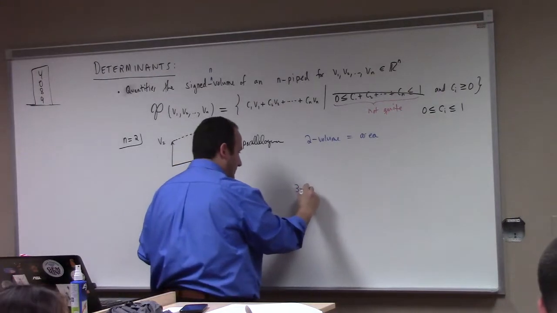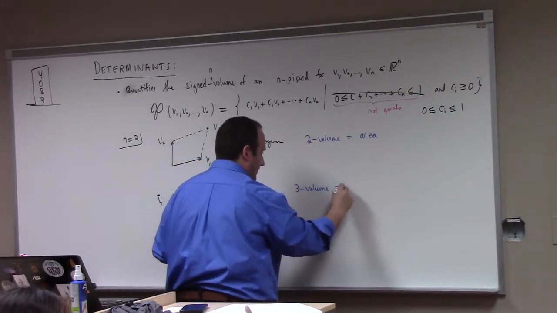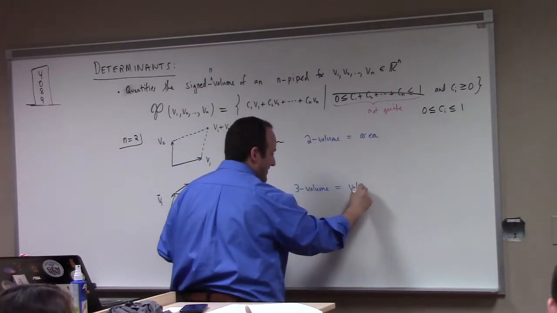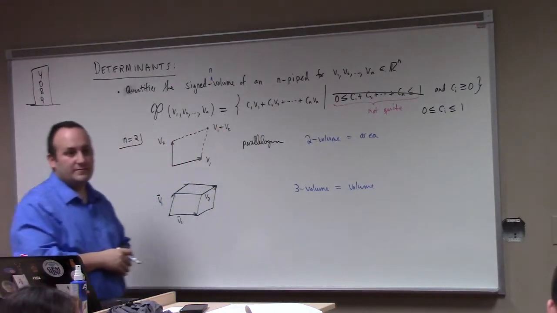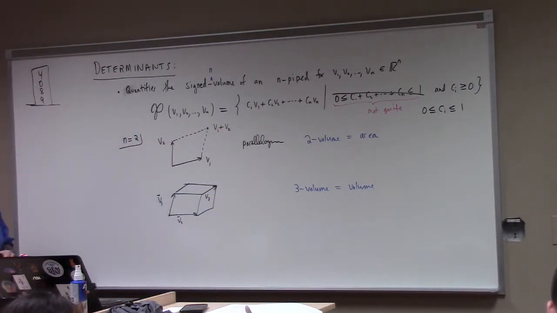A 3-volume is what we usually call volume, okay? What's a 4-volume? You could call it a hypervolume, but that would be the next notion of a volume past 3, past what we're able to actually visualize, namely area and regular volume, right?